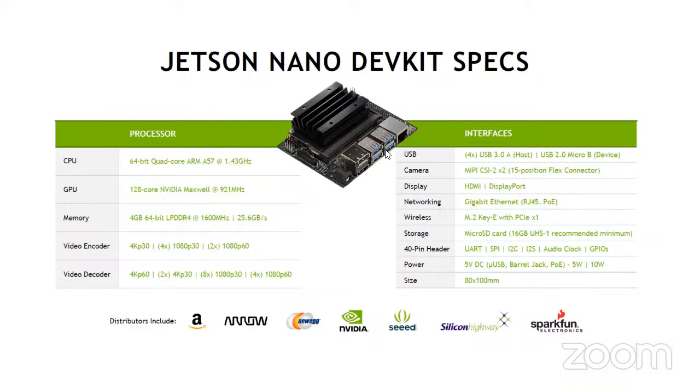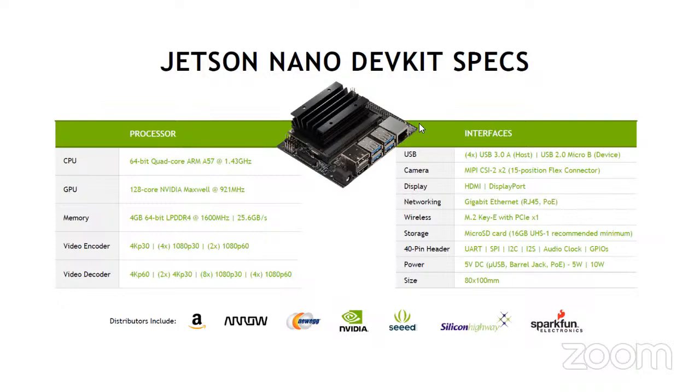You can see that we have 4 different USB ports here: USB 3.0 Type A, and a USB 2.0 micro B, which you can see here on the side of this one.